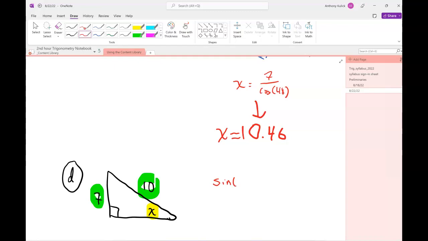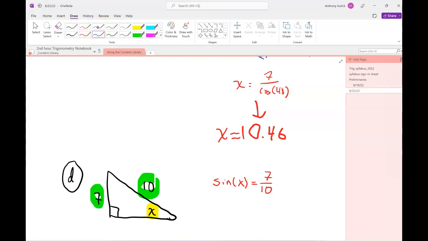So I'd write sine of x is equal to 7 over 10. So far, so good. The next step is to get the x by itself, right?